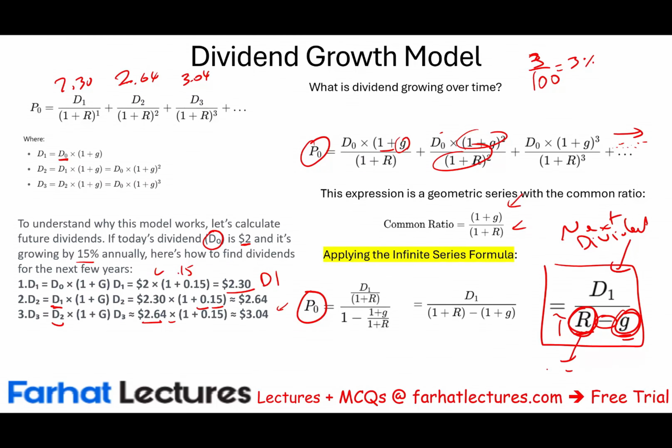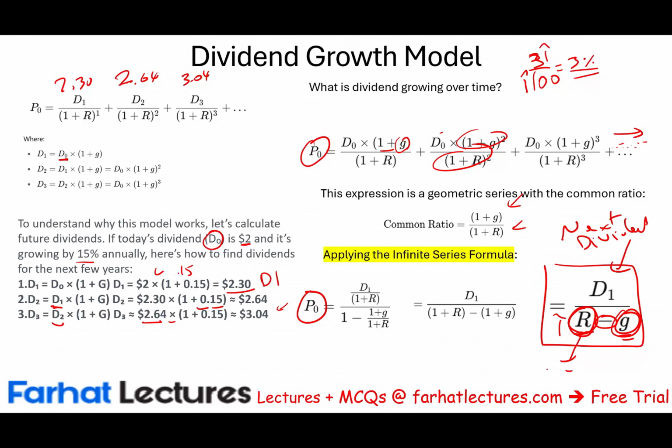Everybody wants to buy this company. Why? Because this company is growing. Don't you want to invest in a company that's growing and making more profit? Well, if that's the case, the stock price will go up. And if you want to keep a 3% yield for investors to buy your stock, you have to increase your dividend.